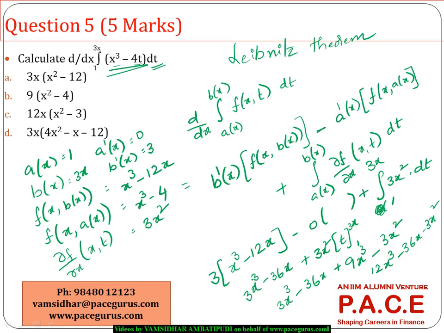So if I am taking 3x out, I am getting it as 4x squared minus x minus 12. So which is what is matching up with your option choice D.